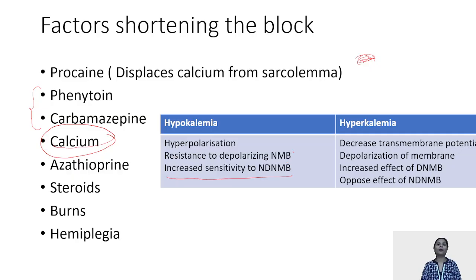And vice versa happens when we talk about hyperkalemia. When there is hyperkalemia, then we have depolarization of the membrane, and there is an increased effect of your depolarizing neuromuscular blocker and it opposes the effect of the non-depolarizing muscle blocker, right? If potassium is less, we have hyperpolarization leading to resistance to the depolarizing neuromuscular block and an increase in the sensitivity of the non-depolarizing neuromuscular block, and vice versa happens when we talk about hyperkalemia.